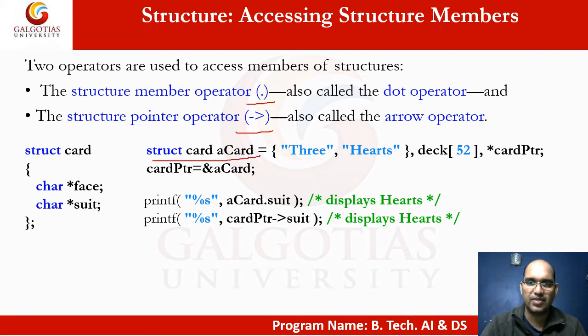You can see the example here: struct card a card, so a card is of type struct card. But if you see this card PTR, it is holding the address of a card, so it means card PTR is a structure pointer. When we want to access the members of a structure with the help of a pointer, we have to use the arrow operator.